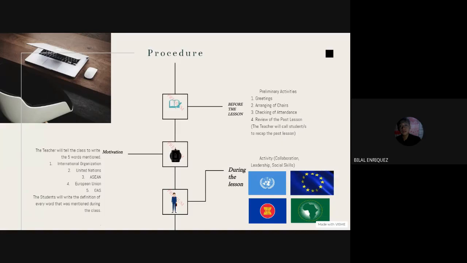Number two, I am going to make the students arrange their chairs to make the classroom neater and easier on the eyes. Number three, I am going to check the attendance of the students to capture their attention and make them listen to what I am going to discuss. And I am going to review the past lessons and connect the international organization to the lesson before.